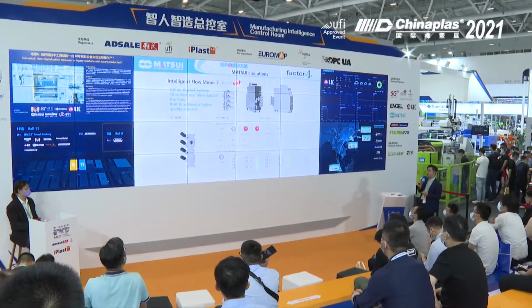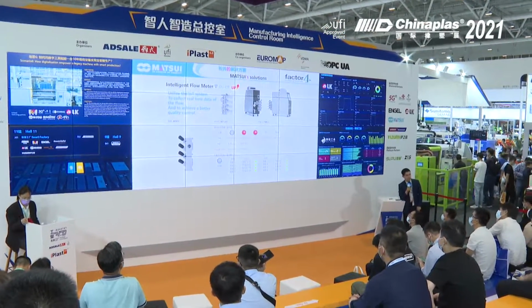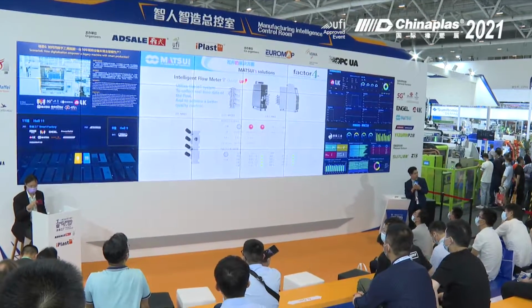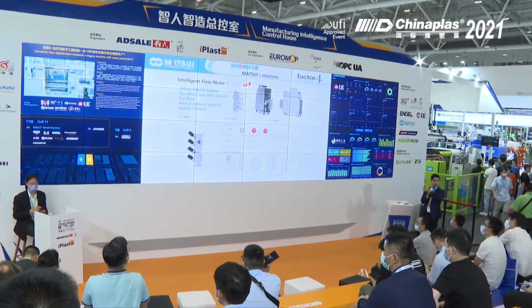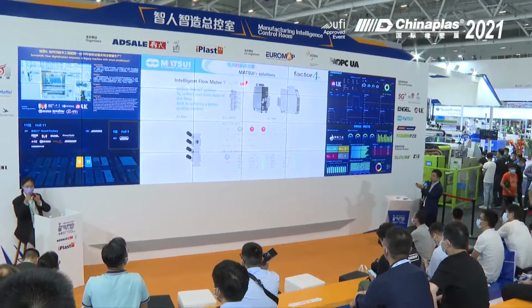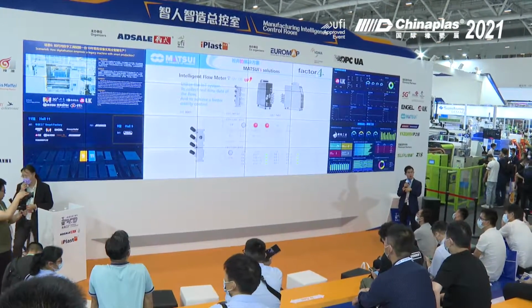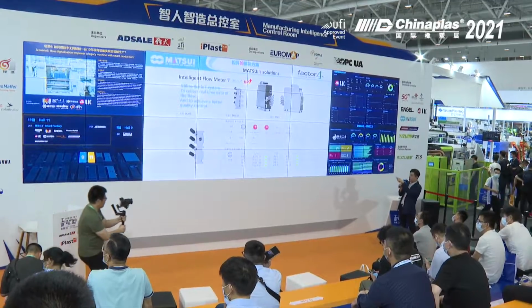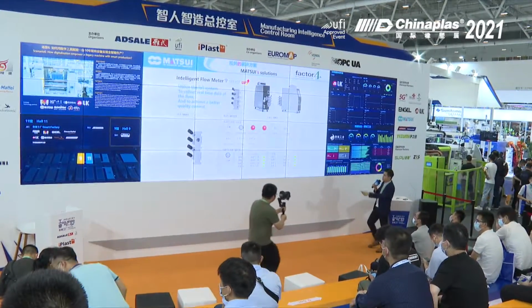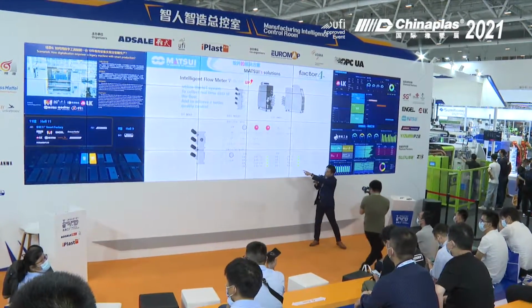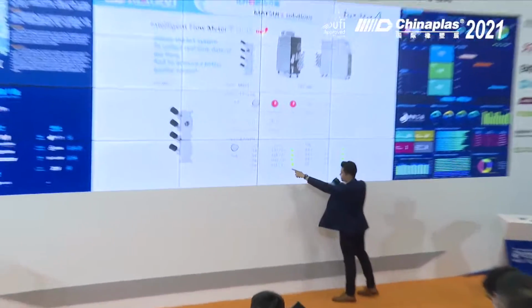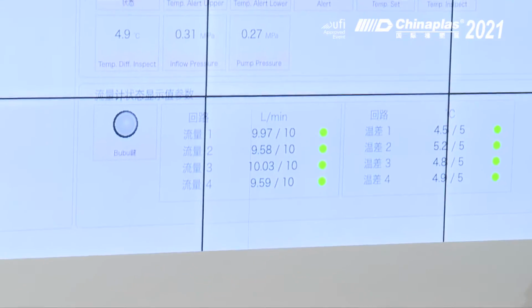This is the flow meter collecting the big data, and the big data goes up to the cloud. And we can use the cloud to read every moment the flow and the temperature. This is the temperature, and this is the flow, the flux of each water pipe.